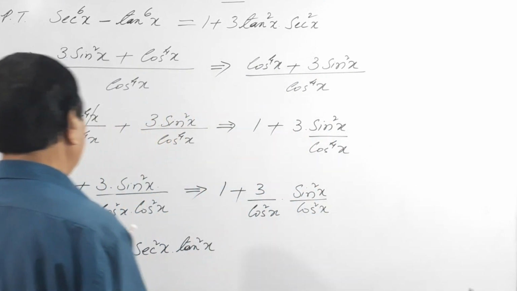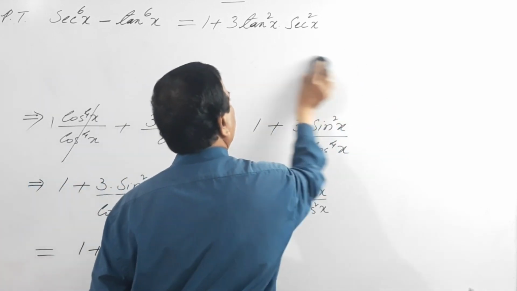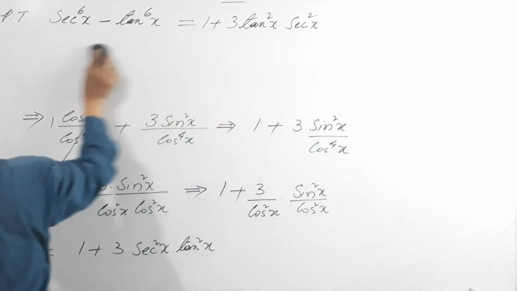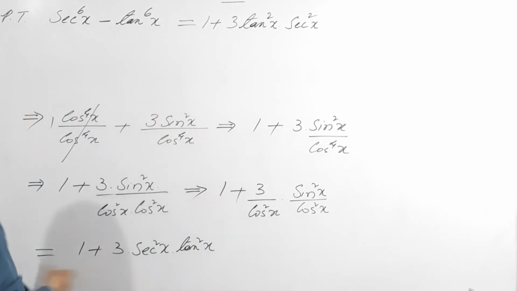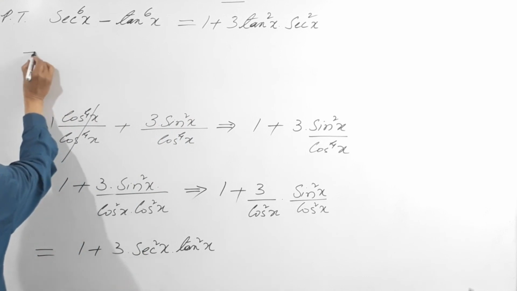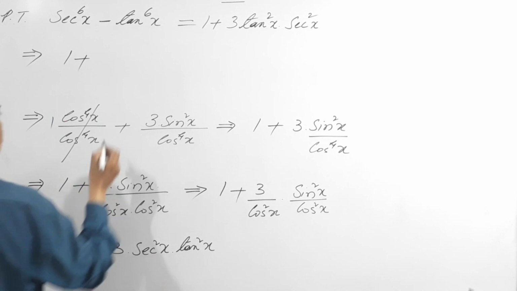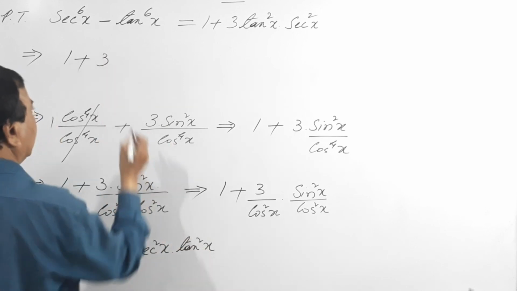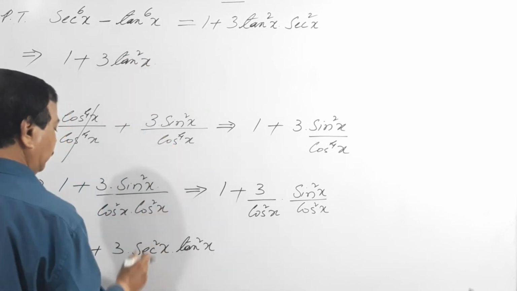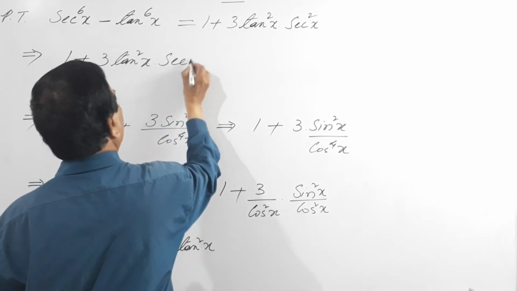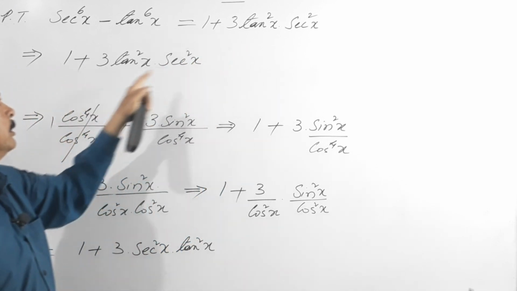So this becomes what? 1 plus, I rearrange it, I bring tan square earlier, tan square x into secant square x. What he wants? 1 plus 3 tan square x into secant square x.